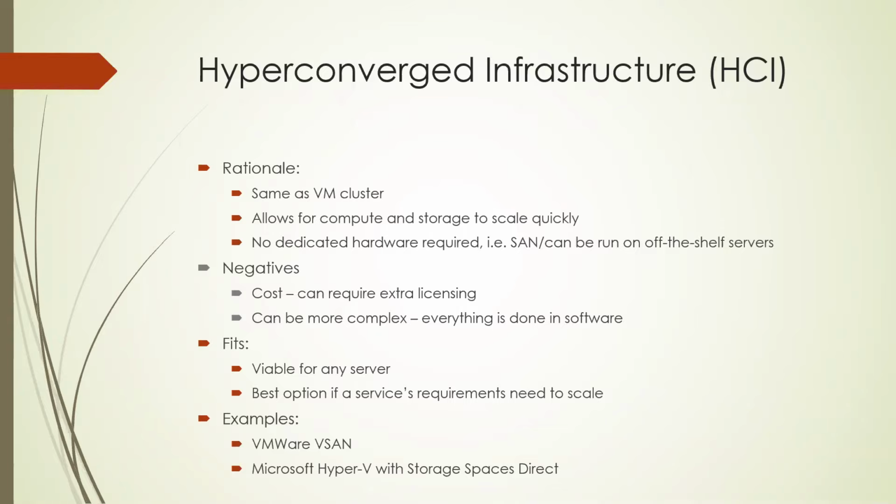But everything is done on the server. Your compute is on the same server that is running your storage. So you'll have your storage, some sort of RAID card or DAS connected into your server, physically attached to it. And so if you just need that to scale quickly, you can use Hyperconverged to do that.